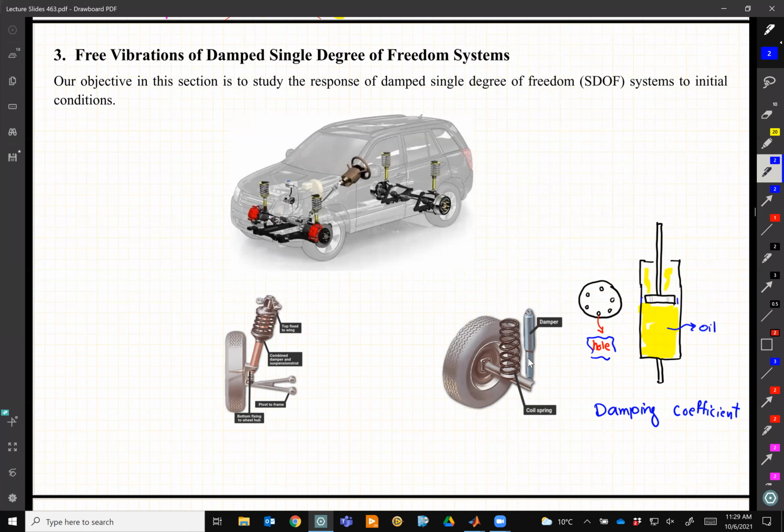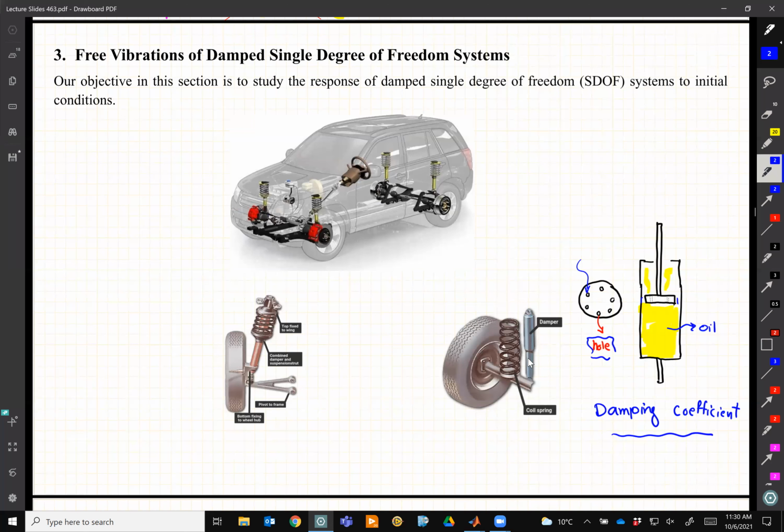One of my jobs in the past, when I was designing a shock absorber for a car, was figuring out what should be the right damping coefficient for a car, and then translating it to the size or the number of these holes.